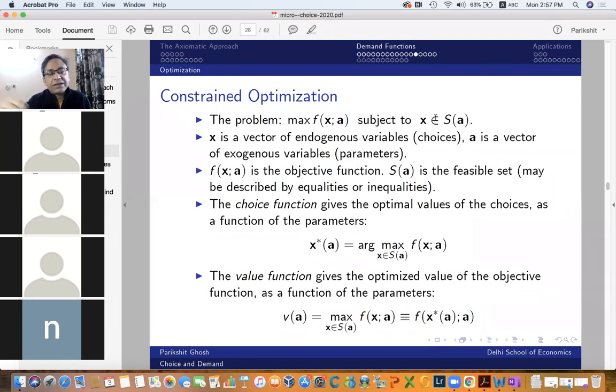The ones outside are infeasible. So in a more general problem, we have this kind of objective function, which is being maximized subject to some feasible set, you may call it. The x's have to come from the feasible set.